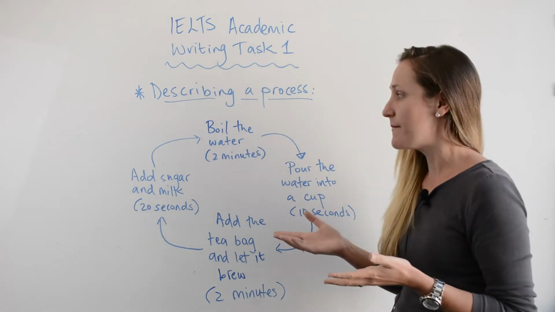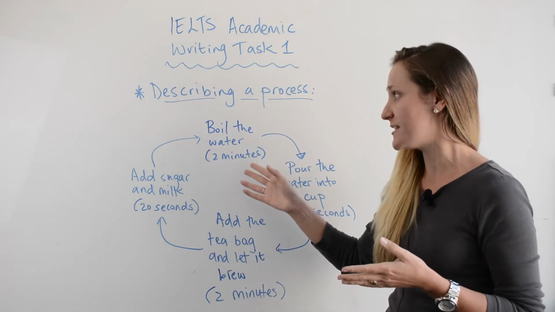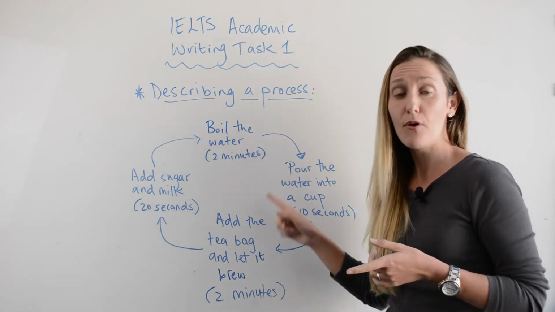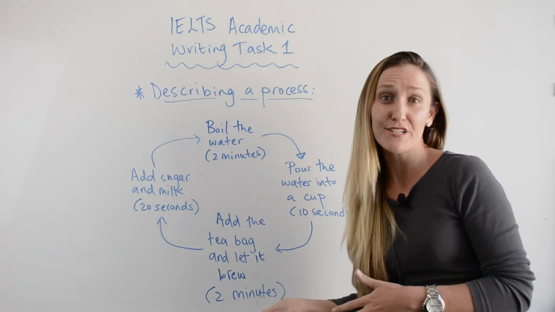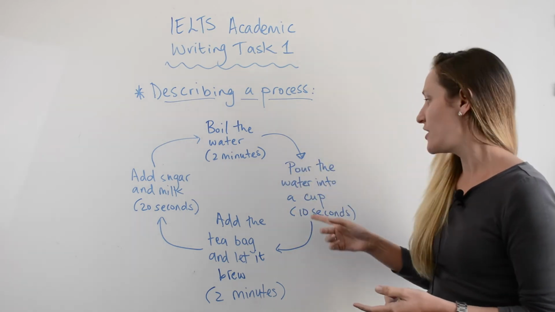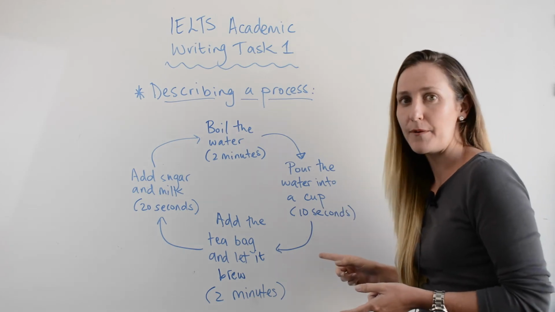So we might say there are 4 stages in this process. The first stage requires the water to be boiled. Or in the first stage, the water is boiled. In the second stage, the water is poured into the cup.